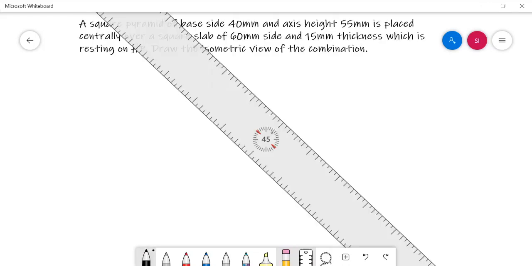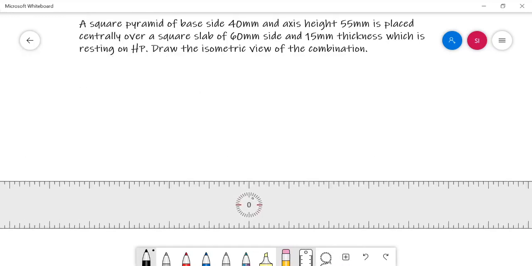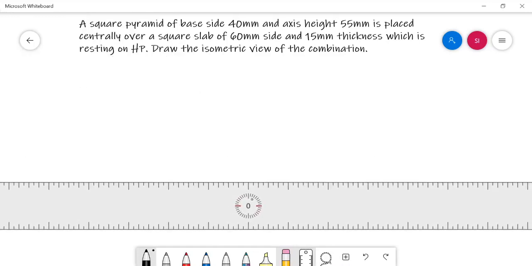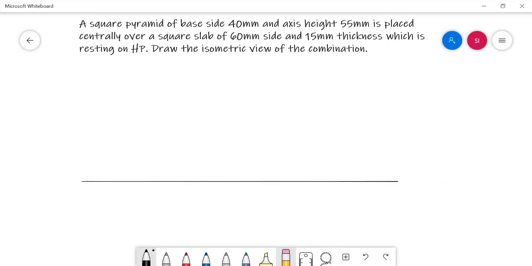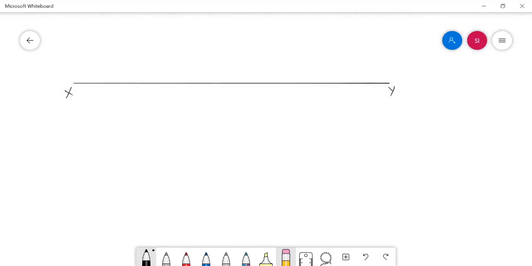Starting from the XY line, we can start to draw the orthographic views of the bottom and the top solids. The bottom solid square slab has 60 mm side. So I need to draw a 60 mm side square as the base view of the solid.